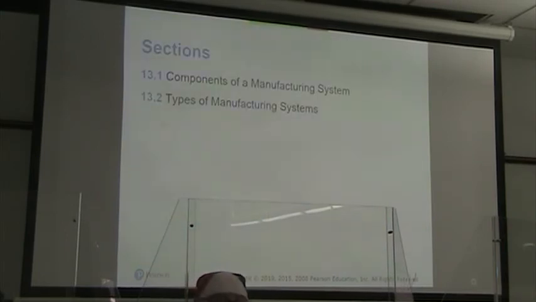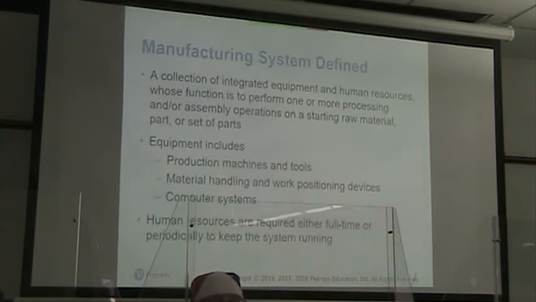All right, so we're going to talk about components of a manufacturing system and types of manufacturing systems. A manufacturing system is a collection of integrated equipment and human resources whose function is to perform one or more processing and/or assembly operations on a starting raw material, part, or set of parts.